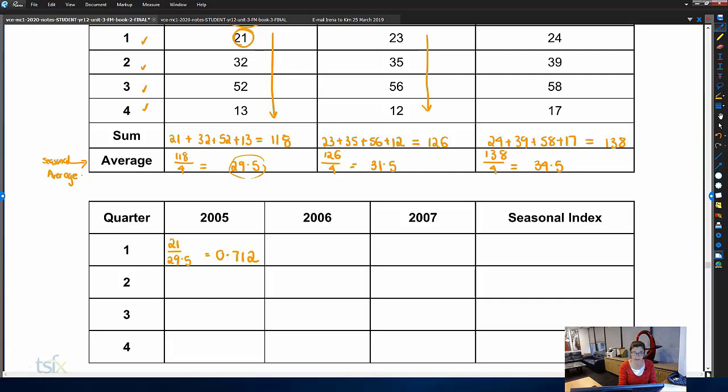So the next entry is 32, and again I'm dividing that by 29.5. I'm going to do that for all the entries in the first column, and then I'm going to put in my values. So 1.085, 1.763, 0.441.